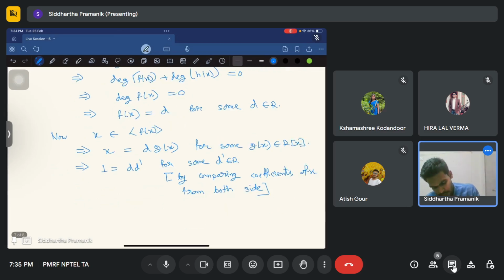Okay, now 1 equals d times d prime. So that means d is a unit. And our d is equal to f(x). So the ideal generated by f(x), which is the ideal generated by d, must be the whole ring R[x].